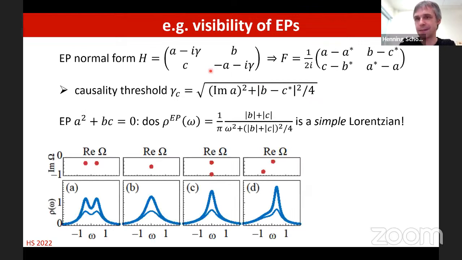And for instance, we can work it out in the 2 examples that we encountered: exceptional points and the non-Hermitian scaling effects. And all that is important, the only message, the calculation isn't important, is that if we wanted to see in the density of states an exceptional point, in a passive system, what we would see is the merging of two Lorentzians, but we wouldn't see a change of the line width and also no further enhancement.